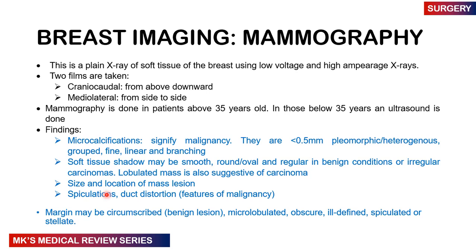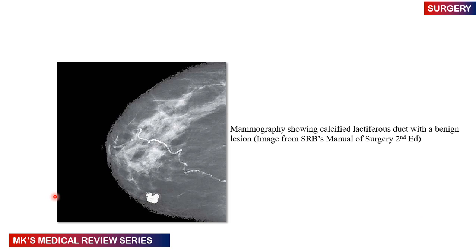Then the size and location of the mass lesion, and then of course spiculations and duct distortion may be features of malignancy. Then the margin may be well circumscribed in benign lesions. It may be microlobulated, obscured, ill-defined, spiculated, or stellate. So here's an image of a mammogram showing calcification of a lactiferous duct. And this is, of course, a benign lesion.